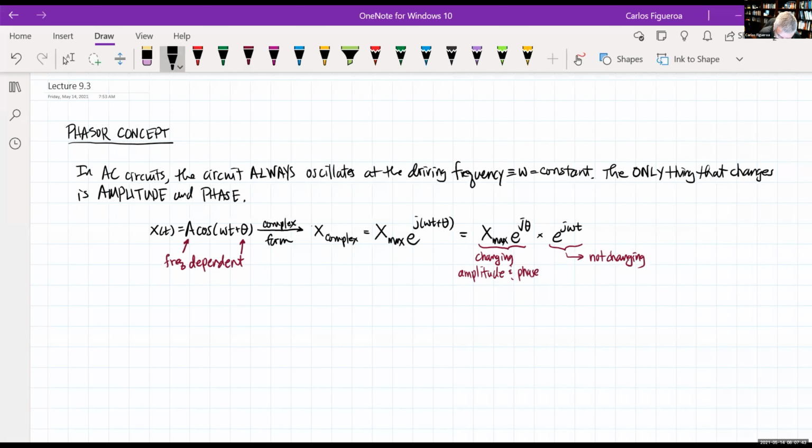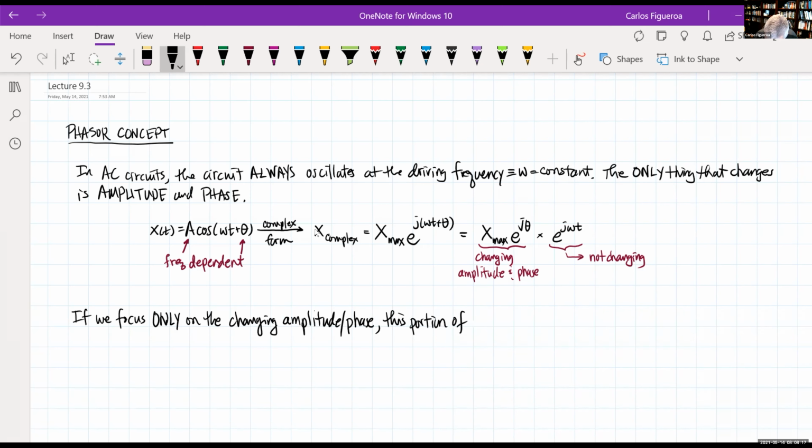So what we find here, with phasors at least, is that if we focus only on the changing amplitude and phase, this portion of the solution is called a phasor.